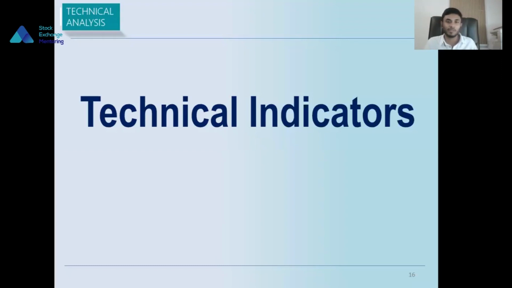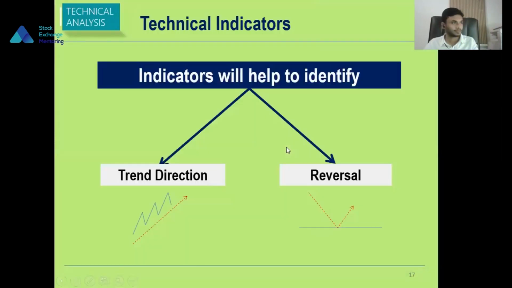That is why we have to have a confluence setup, which we will talk about in the latter part of the session. But for the moment, I will quickly explain what technical indicators are. These indicators will help you to identify trend directions and reversals.